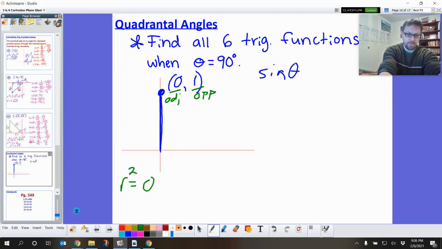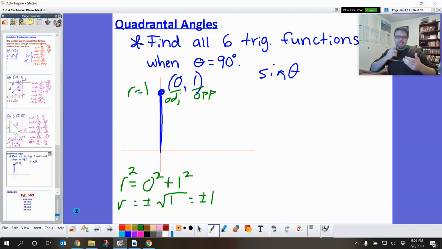So that would be 0 squared plus 1 squared. So r equals plus or minus the square root. 0 squared is 0. 1 squared is 1. And we just square root 1, which is just 1. And we also want to make our r, our hypotenuse, positive. So r equals 1.